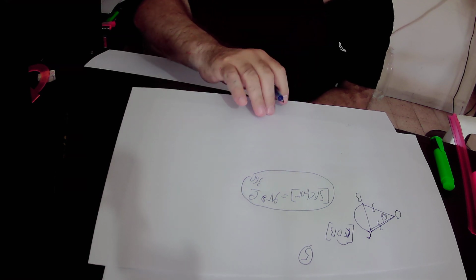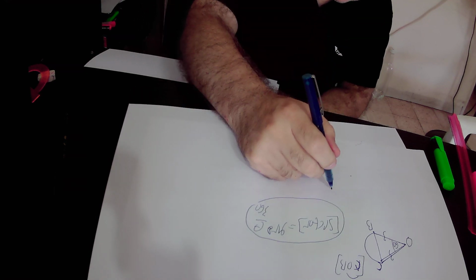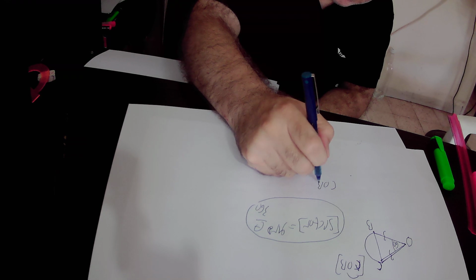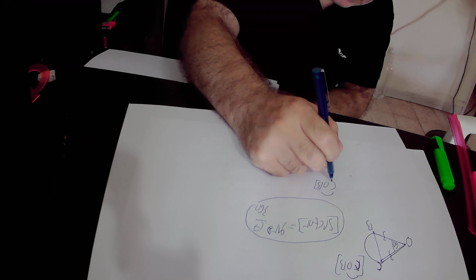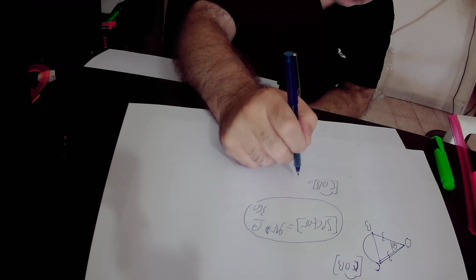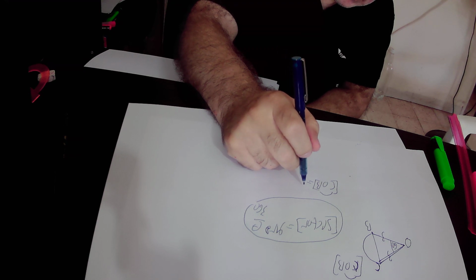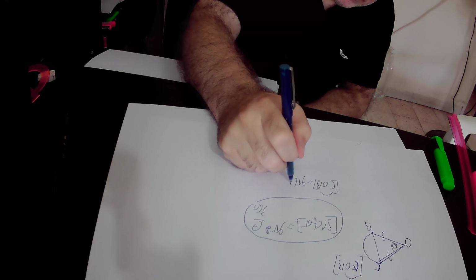So according to the new formula, the area of sector COB will be equal to pi r square. R is 3, so pi r square is pi 3 square.